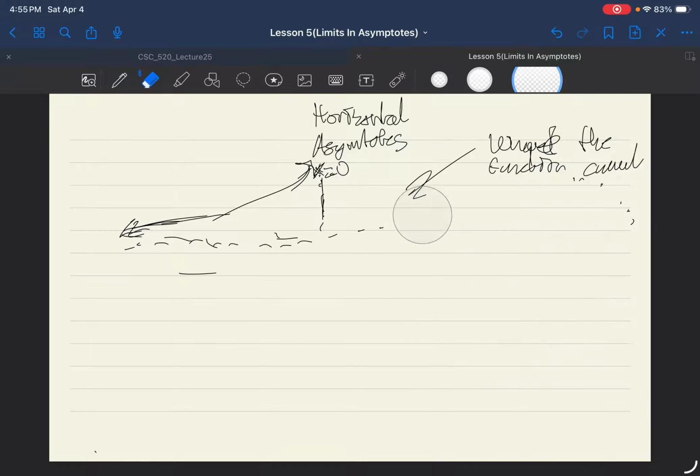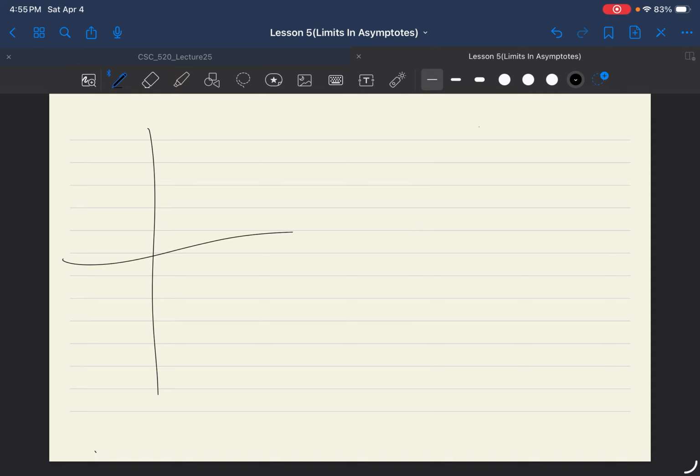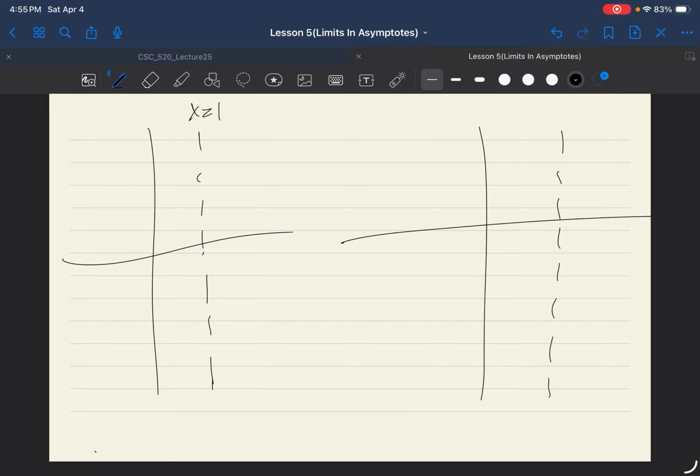I'll give you 2 examples that define both vertical and horizontal asymptotes, and then I'll do one with you, and then I'll actually give you one as homework today. So let's do this. X equals 1. Let's do this. X equals 3.